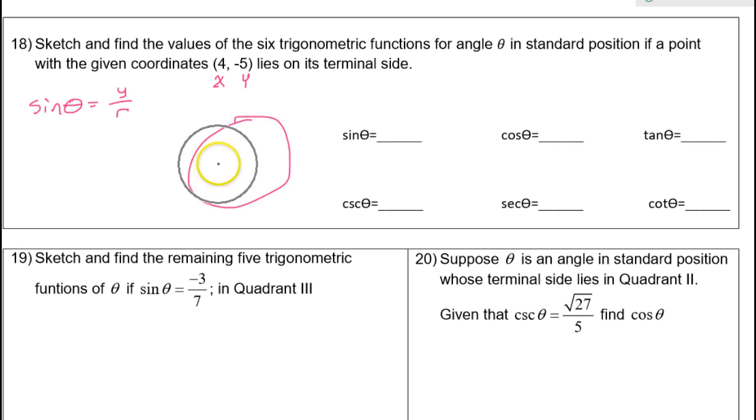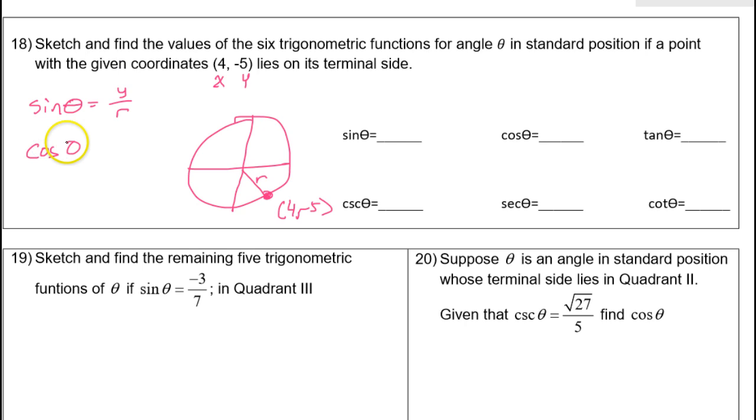If you think of a point, so here we've got the point 4 comma negative 5, so that's going to be somewhere over here in the 4th quadrant. Imagine that this is the point 4 comma negative 5. If you think of the radius as the radius of a circle, and that 4 comma negative 5 is on the circle, then that's the radius that I'm talking about when I say y over r.